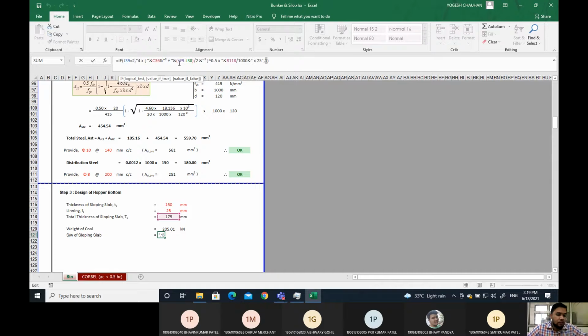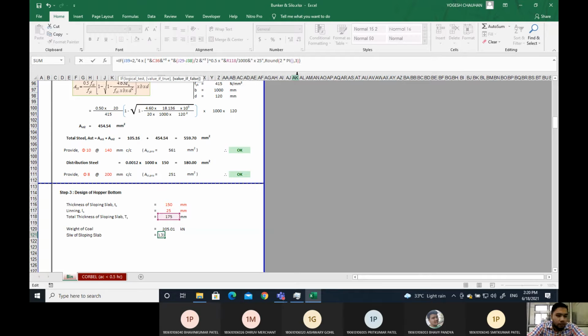So if it is circular one, then you have to write the formula for the circular one, and formula for circular one will be 2 pi, or you can write pi here, but now this pi, its precision would be large, so you have to round this. So round it to 3 digit.